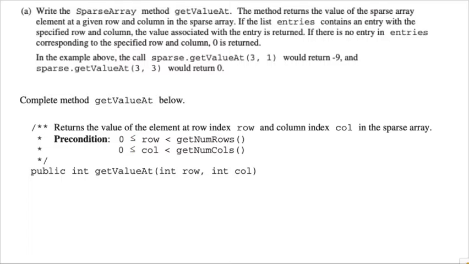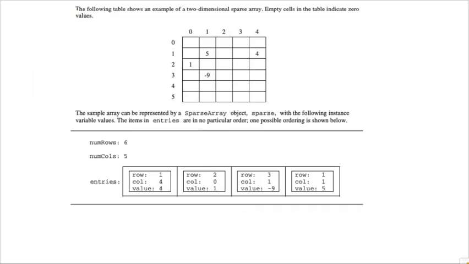So if there's an actual entry at the location that it specifies, then it would return the value that's there, and if there's nothing there, then it would return 0. So like for these, if there's nothing there, then it would return 0, and then if there is something there, then for this one it would return 1.